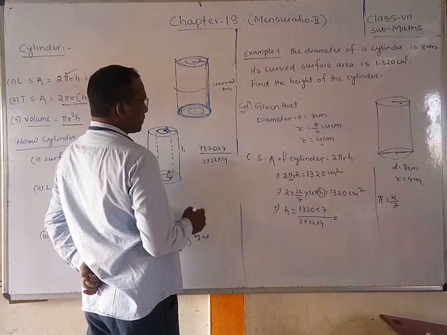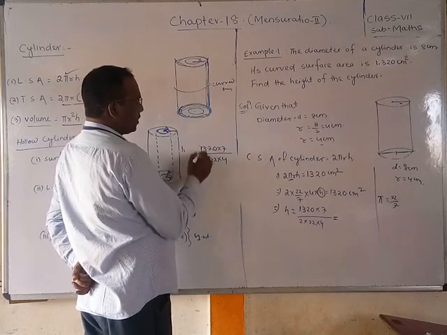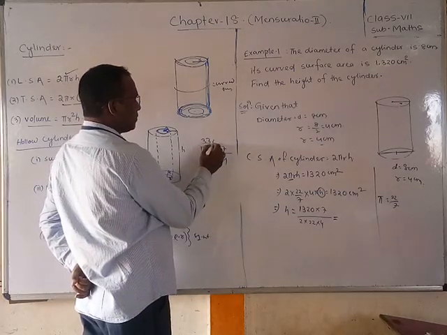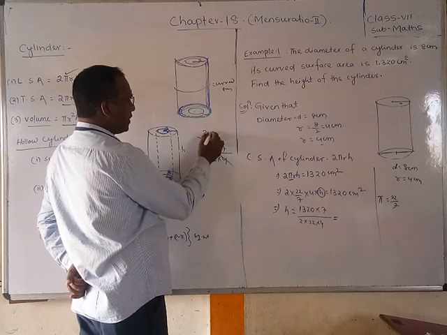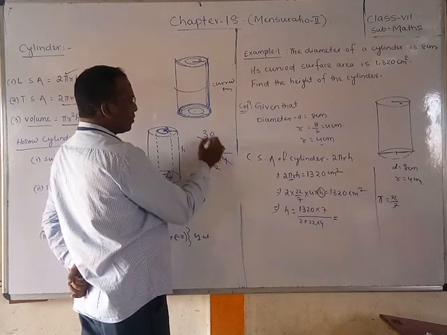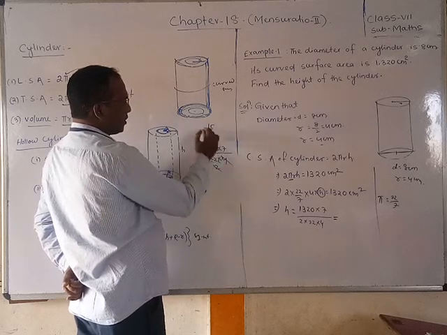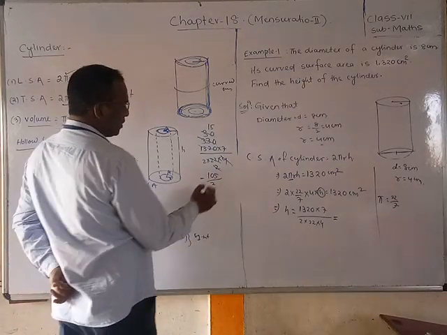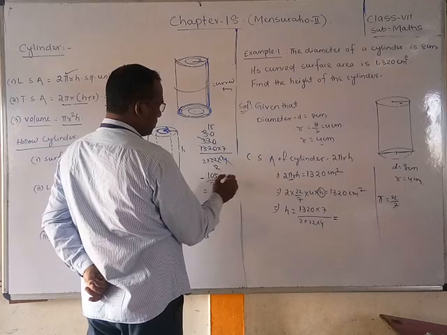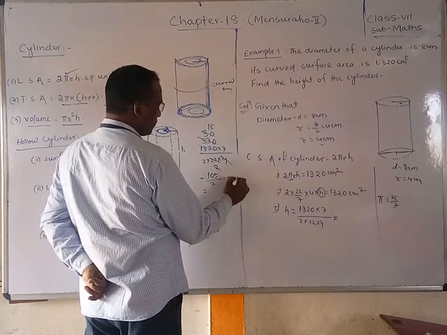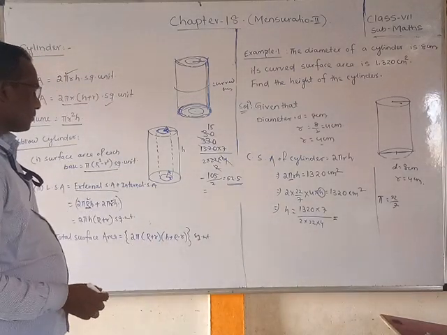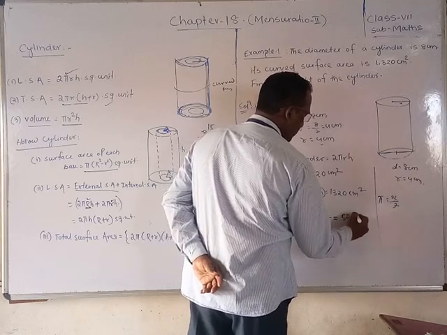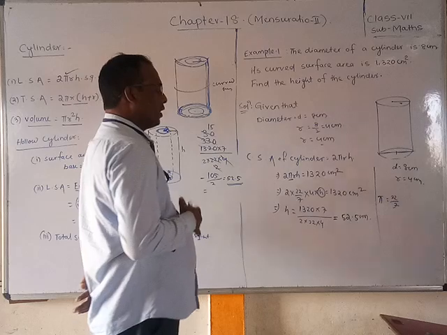Roughly we can cancel: cancel the 2 with the 4 directly, easy for that. Then 4 threes are 12, the 1 and 4 threes are 12, zero. Cancel 11: 11 threes are 30, 11 twos are 2. So 15 sevens are 105 by 2, which gives 52.5. So 52.5 centimeter is our height.